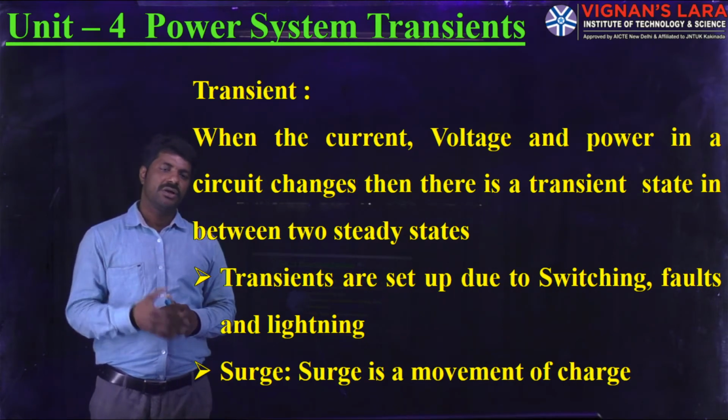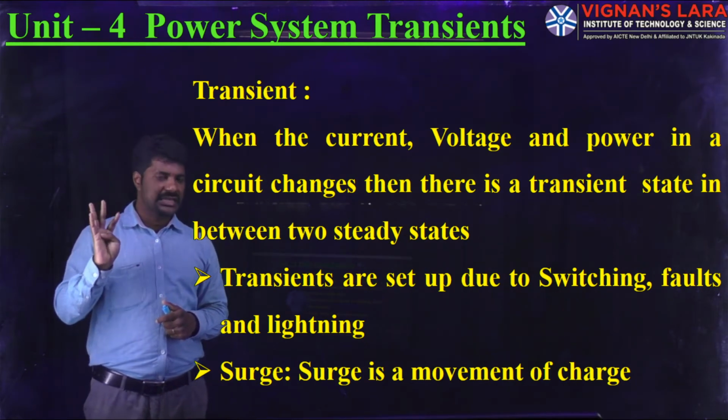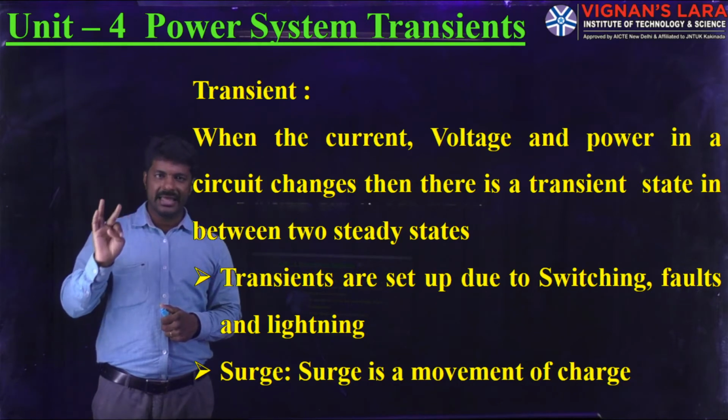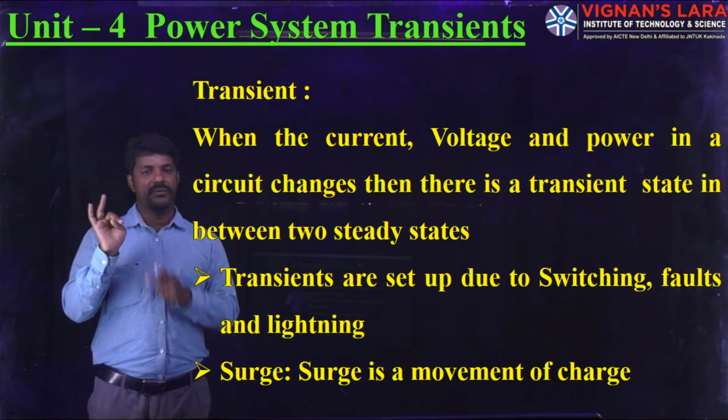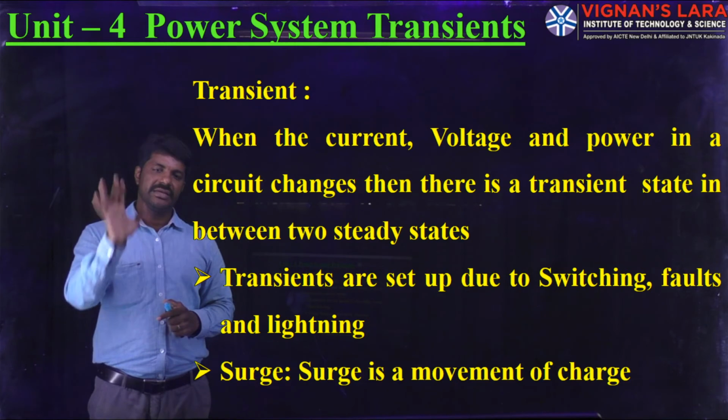So switching is one reason, faults is another reason, and lightning is another reason for the occurrence of transients.